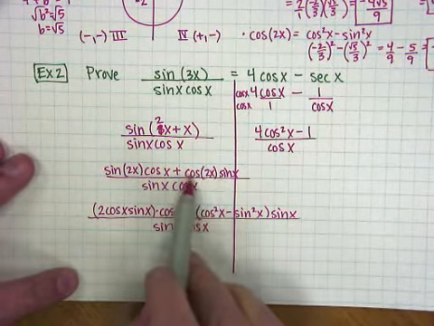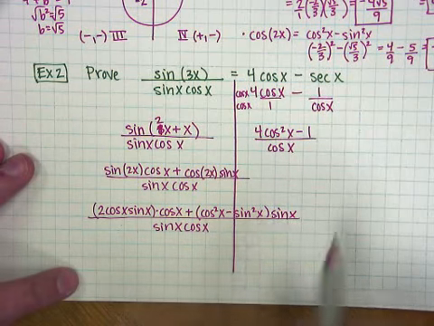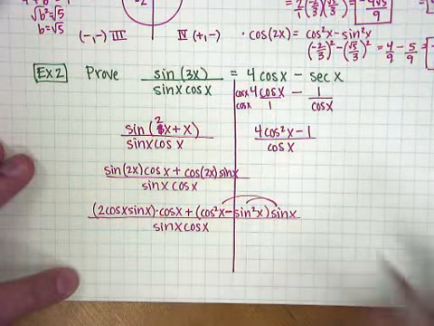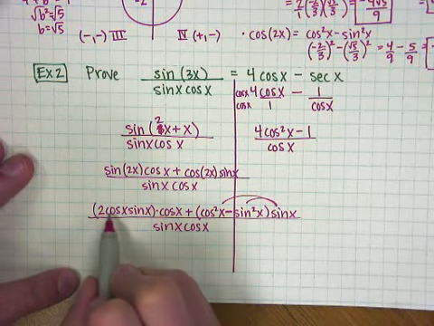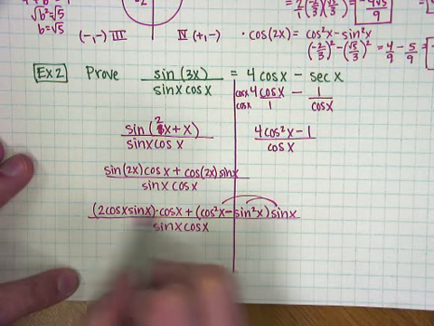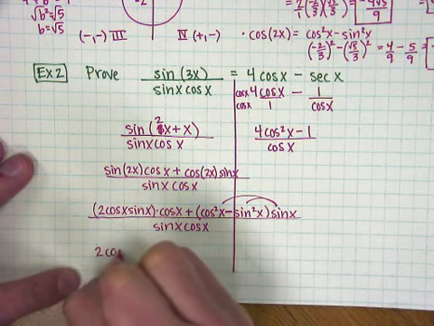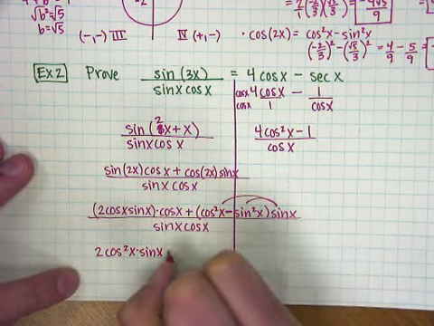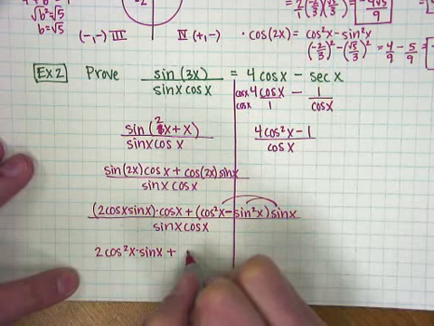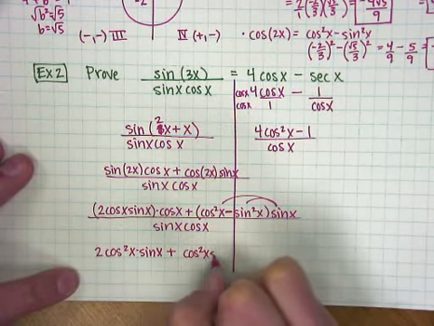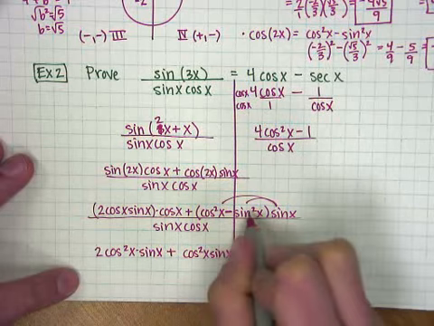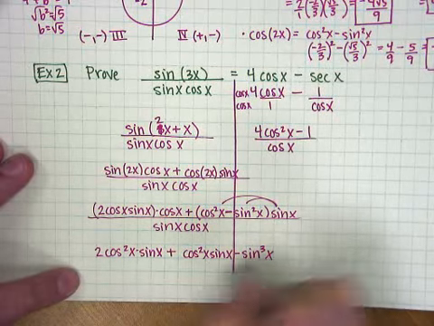Make sure that when you sub something in for cosine of 2x that you put parentheses, because since there's a minus sign here, we're gonna have to distribute our sign in. So let's see, 2 cosine sine times cosine, that's going to be 2 cosine squared x times sine x. And here I'm going to get cosine squared x sine x minus sine cubed x.